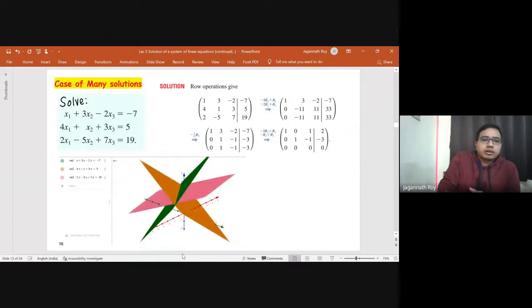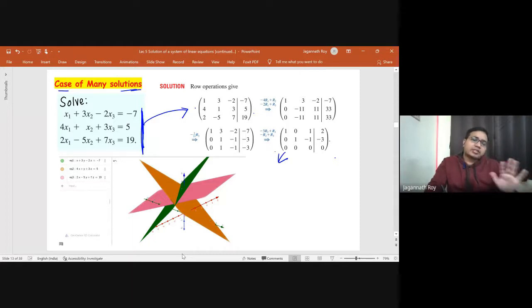So let us understand the case of many solutions. When do we have the case of many solutions? For example, if we have a system of linear equations of this form, try to find the augmented matrix and do the row operations. Graphically, as you know, if we have many solutions, all three planes will intersect in a line.